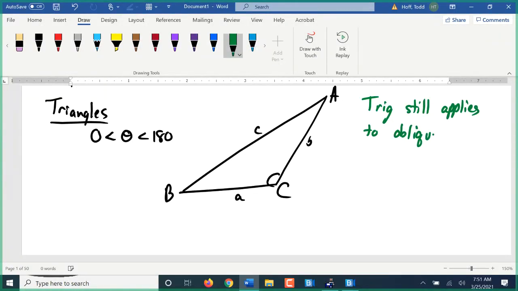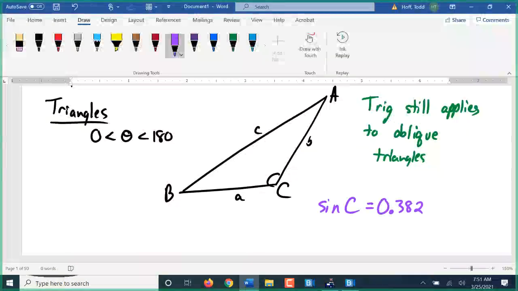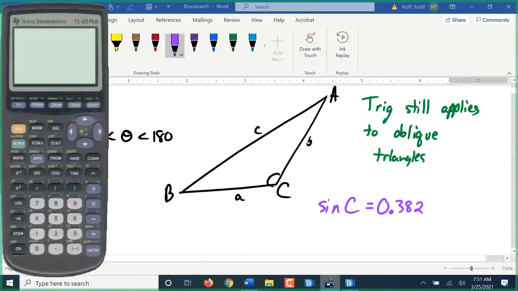And if we calculate here and we find that the sine of angle C has to be 0.382, to find angle C, we would do an inverse sine of 0.382. That gives us 22.46 degrees.